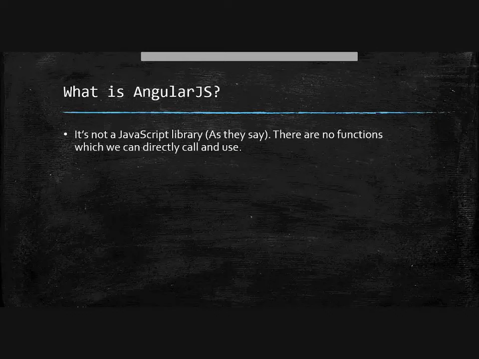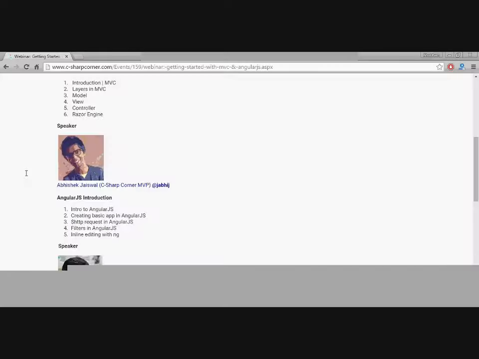But in AngularJS, everything is basically tied to scope. If you have earlier seen Angular code, you might have seen that every function is an Angular function. Like we describe scope, and so every function has to be an Angular function here. So we cannot call it a JavaScript library.